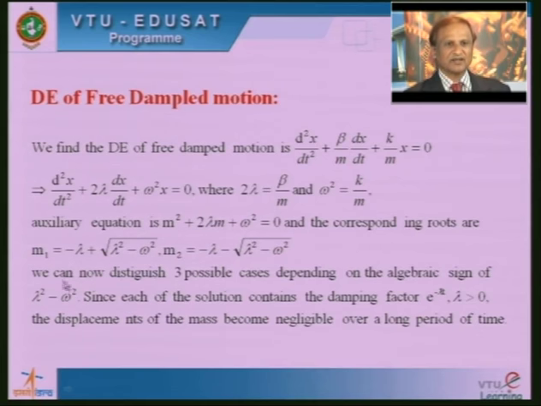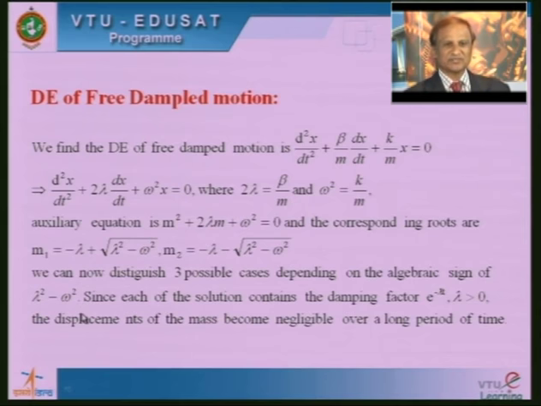Is it clear? Right. So, we can now distinguish three possible cases, depending on the algebraic sign of lambda square minus omega square. We have to think whether lambda square minus omega square is equal to 0, or may not be equal to 0. If it is not equal to 0, I have to think whether it is greater than 0 or less than 0.